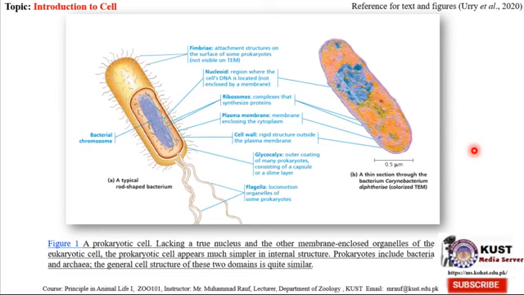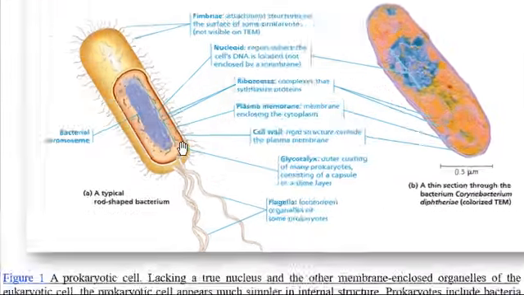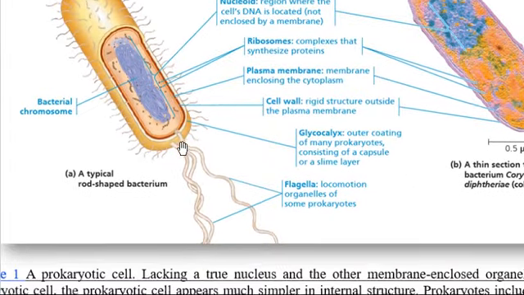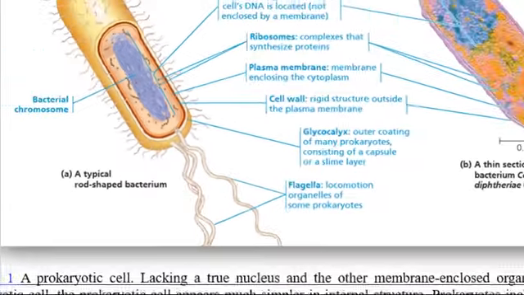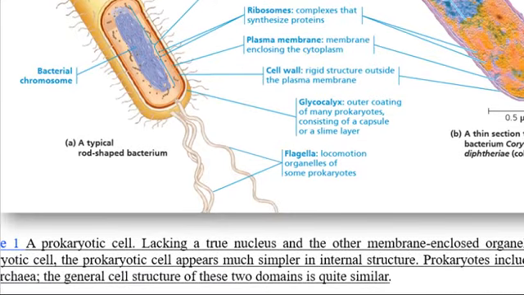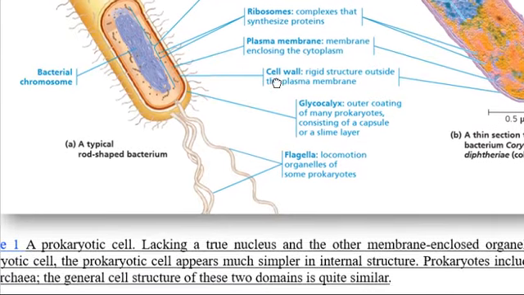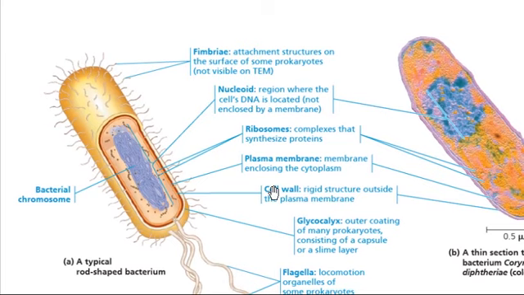Here you can see a comparison of the prokaryotic and the eukaryotic cell. In fact, both of them are prokaryotic cells because they are different species of bacteria. So they have fimbriae which they use for attachment.